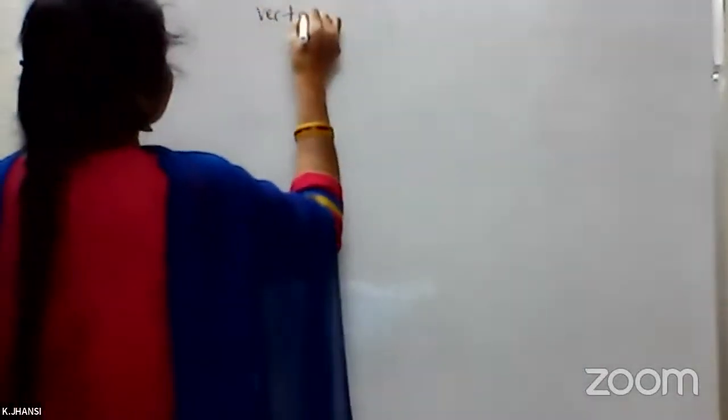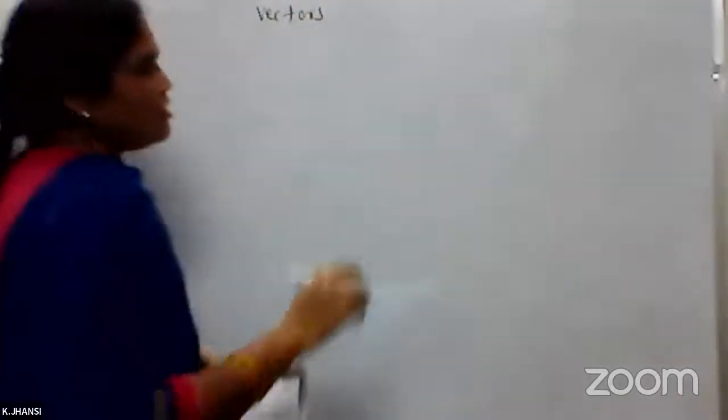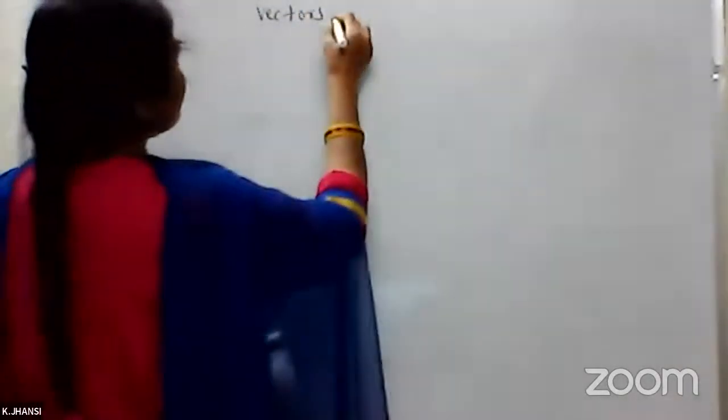And characteristic vectors. Next we have the Cayley-Hamilton theorem.